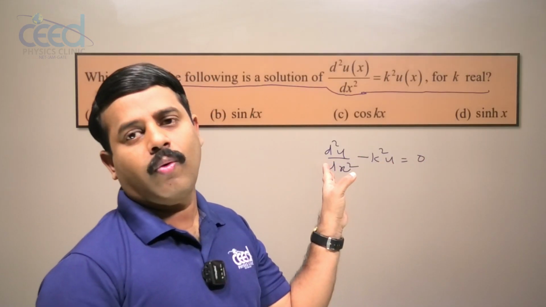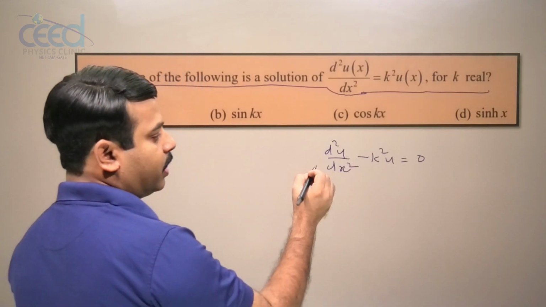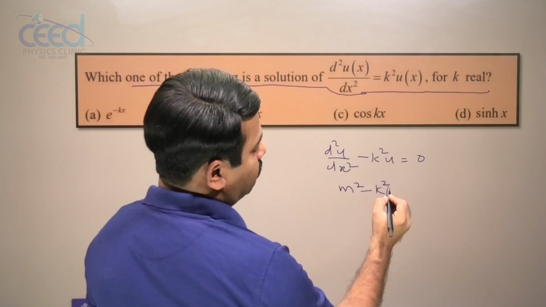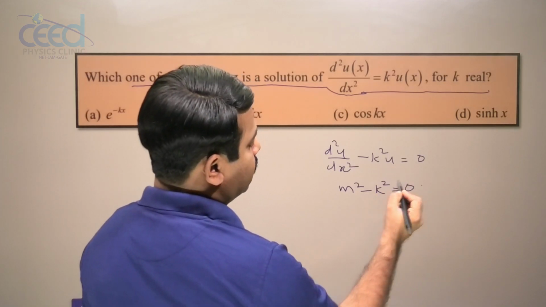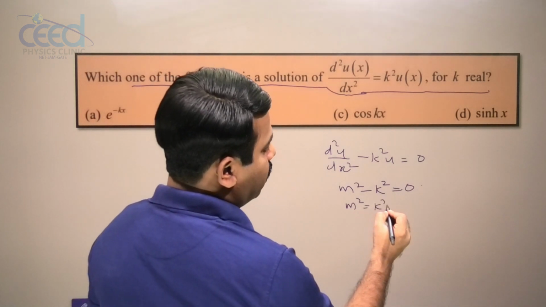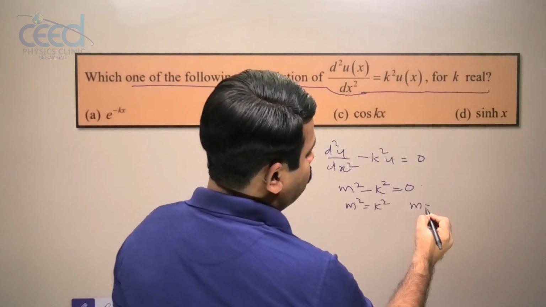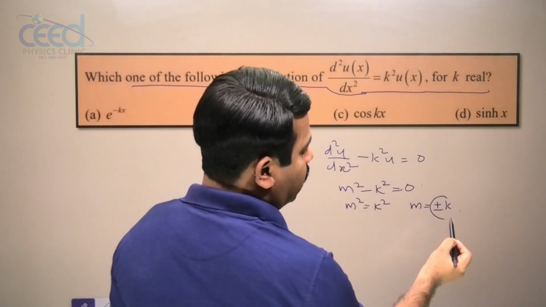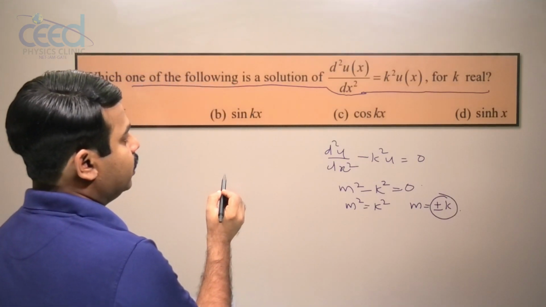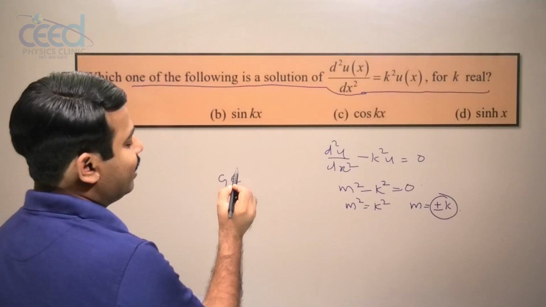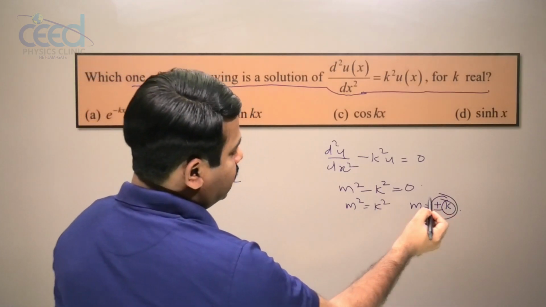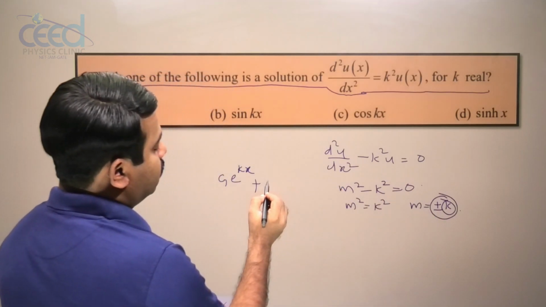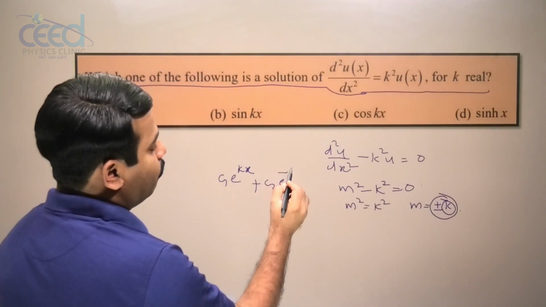What is the auxiliary equation corresponding to this? m square minus k square equal to 0. Then m square is equal to k square, so m is equal to plus or minus k. If the roots are different, we write c1 e raised to kx plus c2 e raised to minus kx.